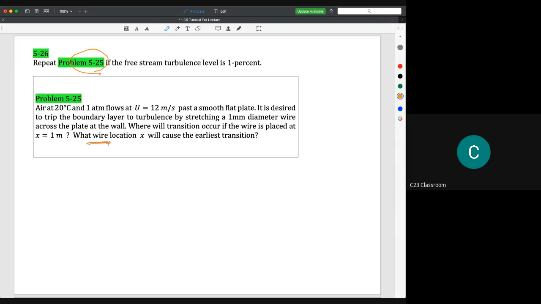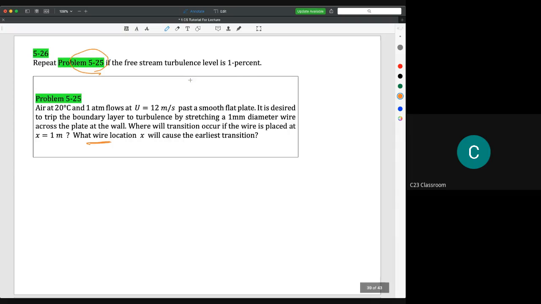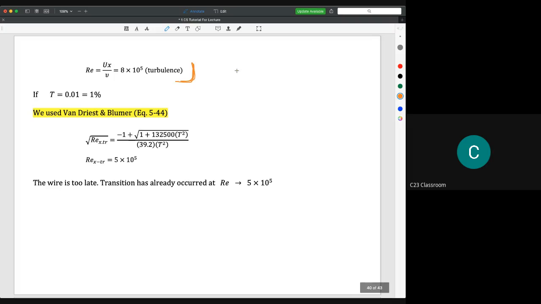It has a turbulence element there. Let's say we calculate the value, U x over nu, 8 times 10 to the power of 5. Because we have turbulence here, we make this level turbulent.